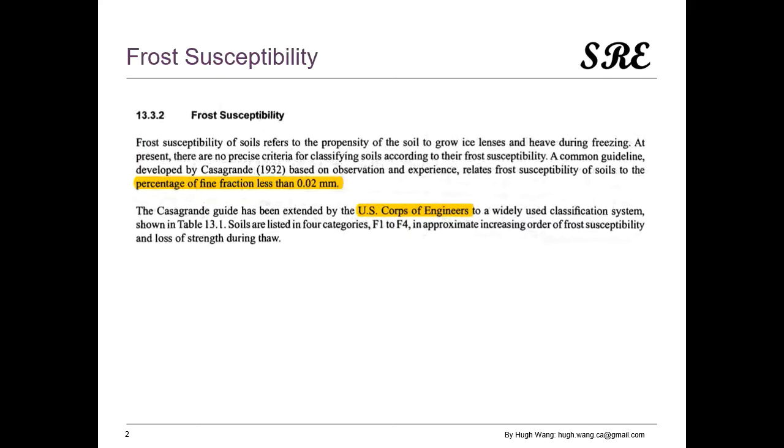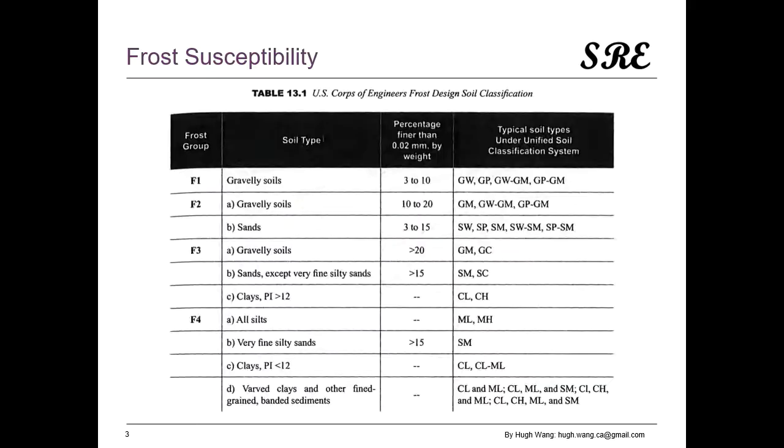However, this explanation sometimes causes confusion. According to this classification system, the soils are classified into 4 classes: F1, F2, F3, F4.